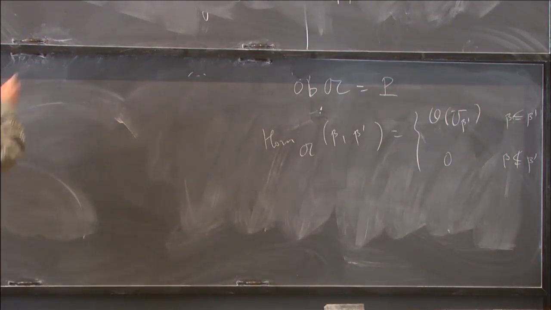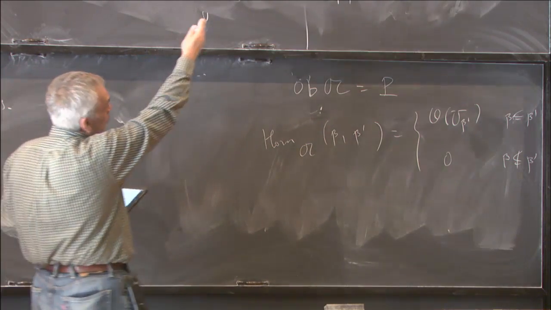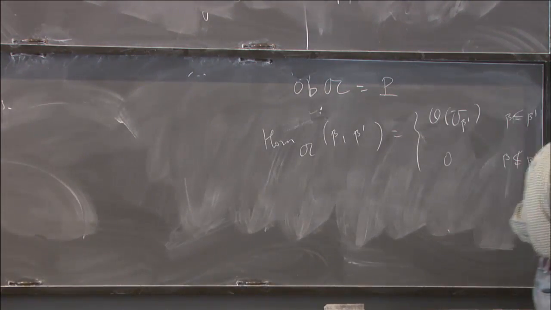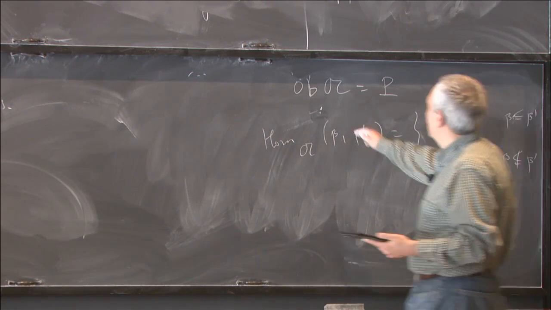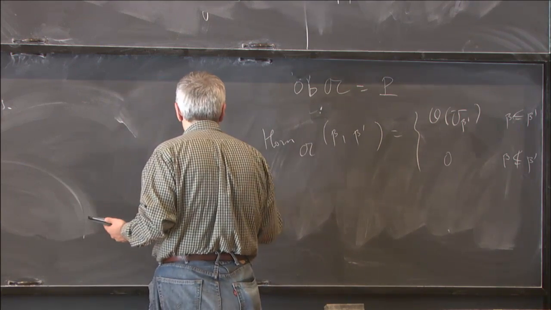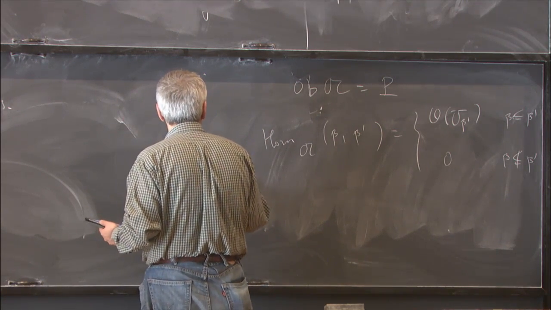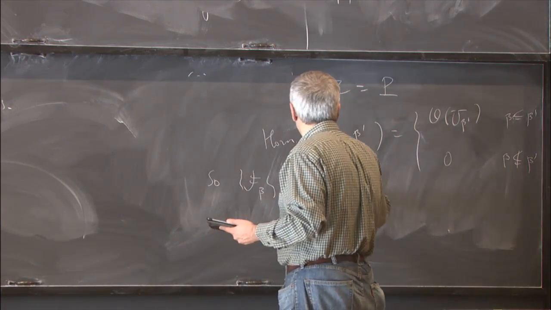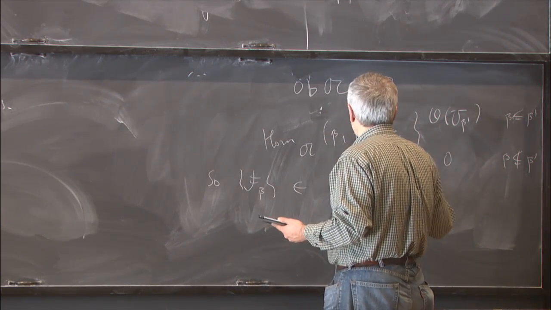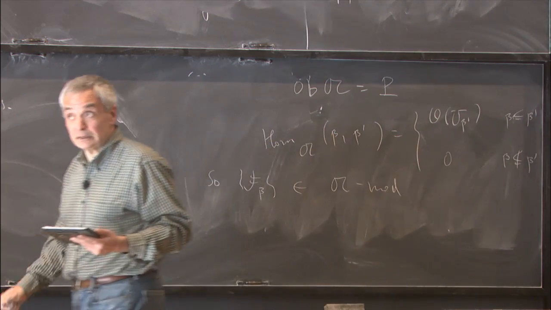And so you get these combinatorial models for pre-sheaves, which are just modules over this category. So they're functors from this category to complexes.